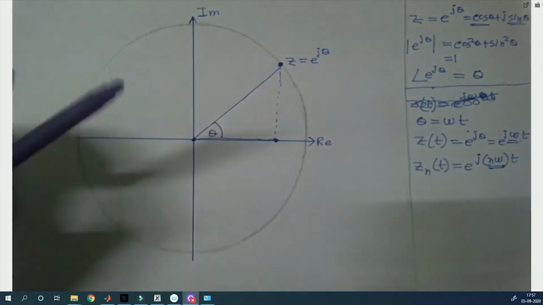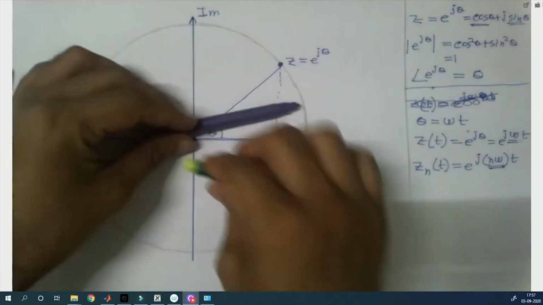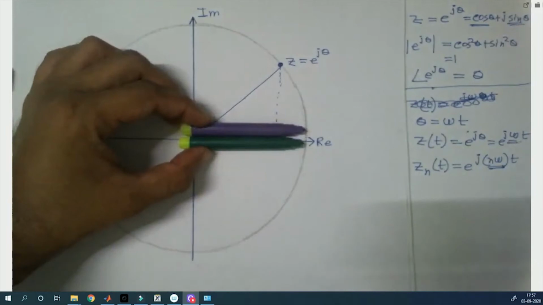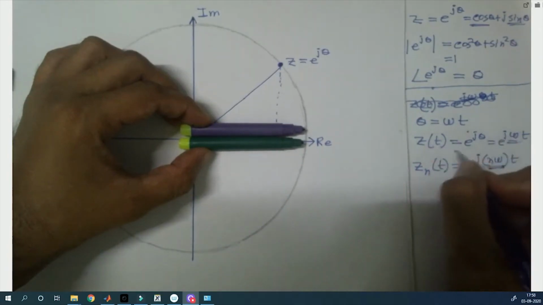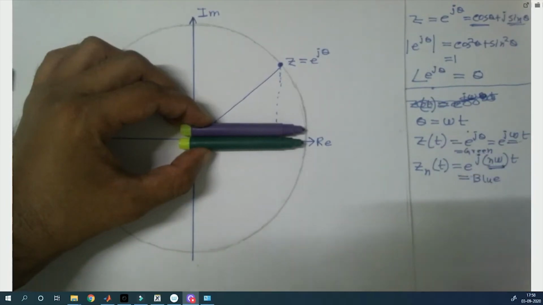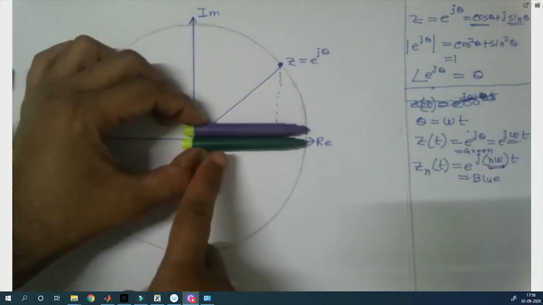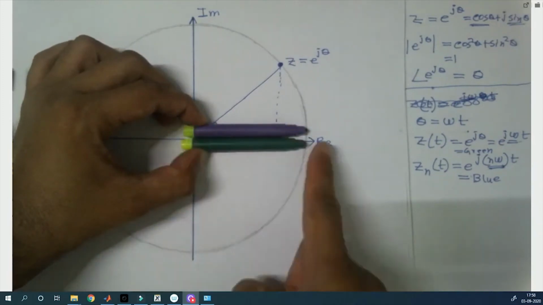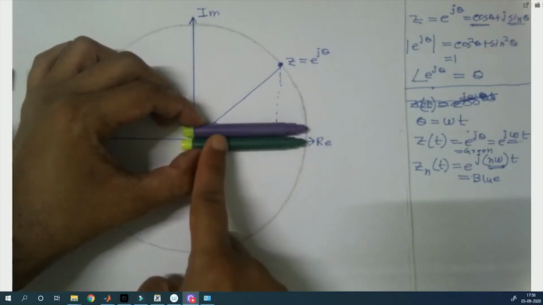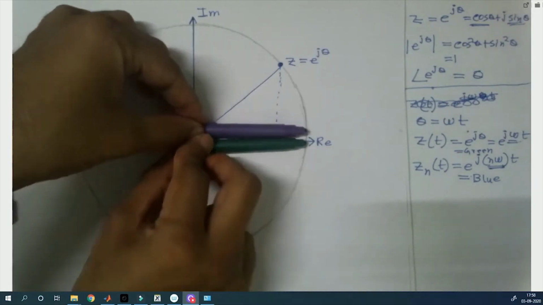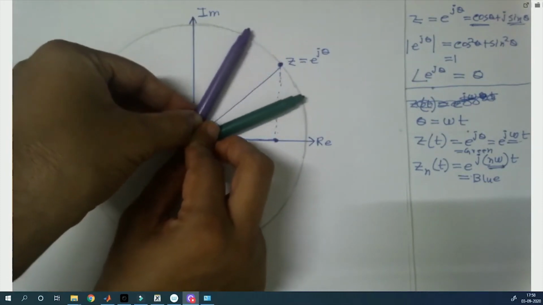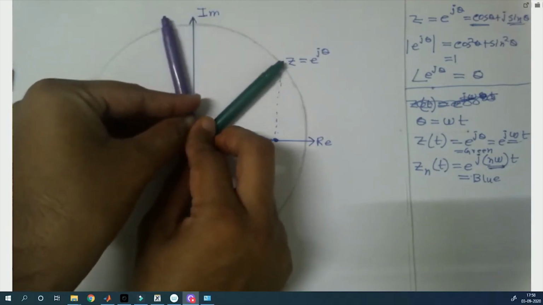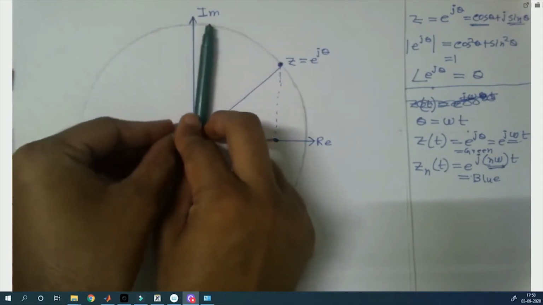If I represent these two numbers with two pens, this zn being represented by the blue pen and z being represented by the green pen, then when time is 0 they will both start from this position, and as time increases they will both rotate counterclockwise, but the blue pen will rotate n times faster than the green pen, like this.